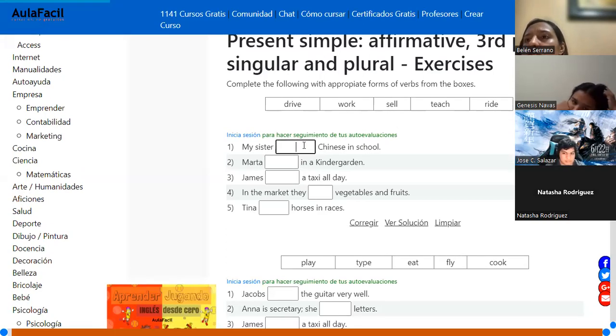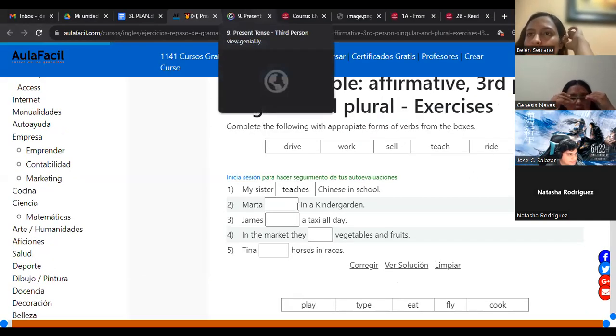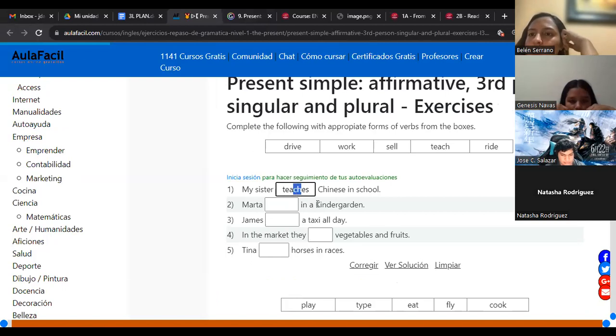Very good. Pero ¿qué tenemos que agregarle? Porque es my sister. ES. Very good. ¿Y por qué ES y no solo S? Ya lo vimos en las reglas, porque termina en CH. Si termina en CH, SH, X, etc., we need to add ES.